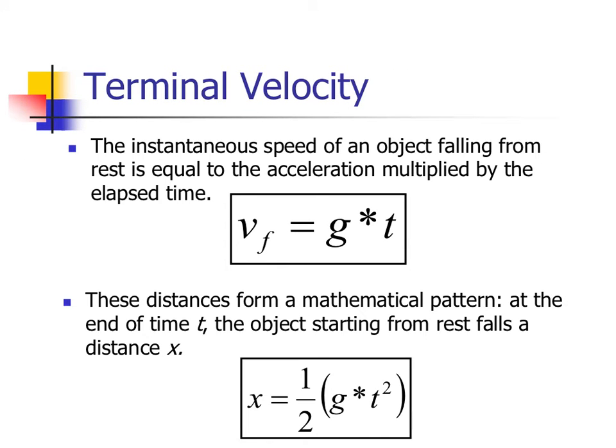The instantaneous speed of a falling object is based on time: the final velocity is equal to gravity times time. This also assumes that you don't know the initial velocity. If an object was thrown downwards with an initial velocity, then you have to use one of the constant acceleration equations.